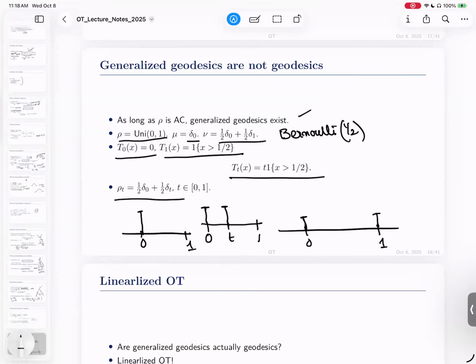So I just split the mass at the origin to half a mass, and I just move the atom continuously from 0 to 1. And that's all my intermediate probability measures. Makes complete sense. Again, it preserves shapes, it's intuitive what I'm doing, and it makes complete sense. And here you see generalized geodesics are beautiful because the geodesic itself doesn't exist, but this curve is nice and natural, and I can always create it.